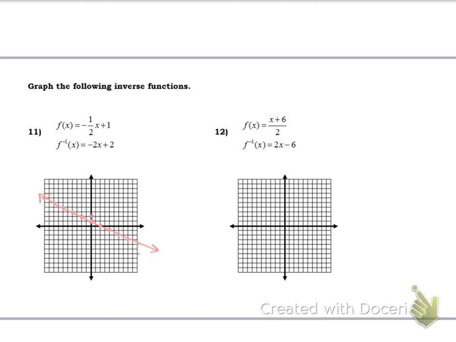I go down 2 to the right 1, or up 2 to the left 1 to keep them negative. Okay, and they're actually going to be mirroring each other. So if you look, they're mirroring off this line right here.